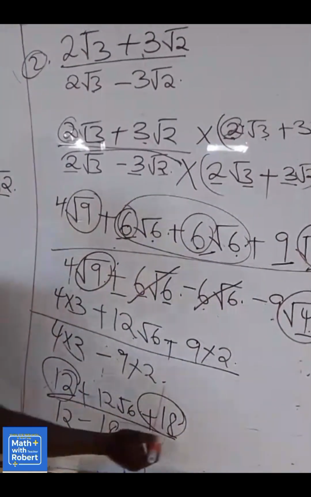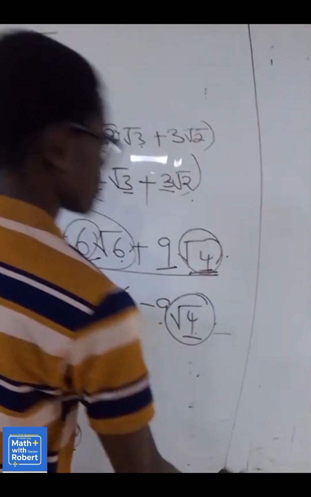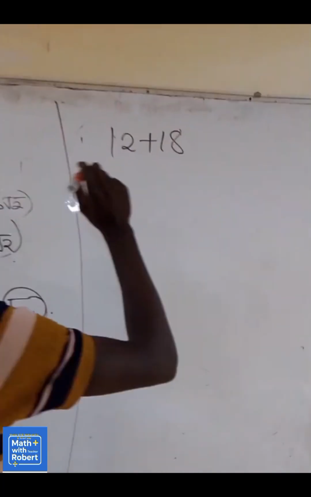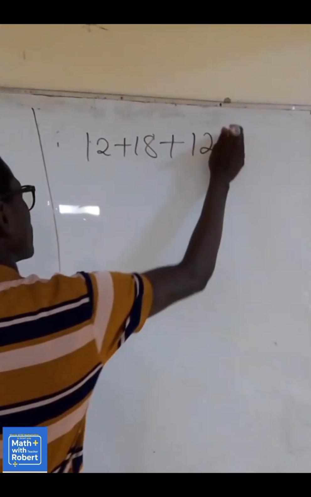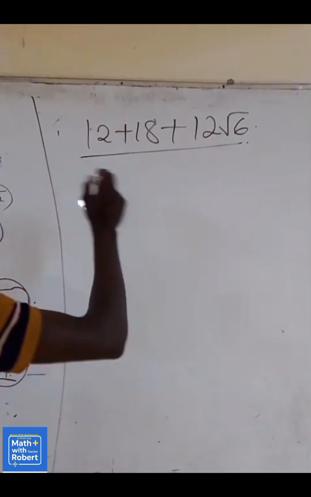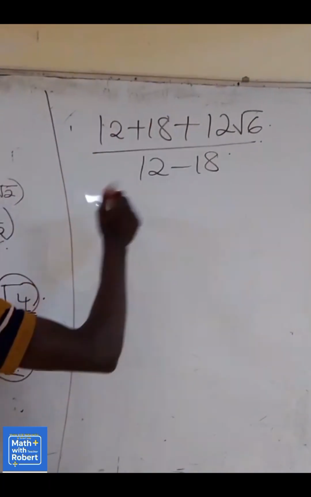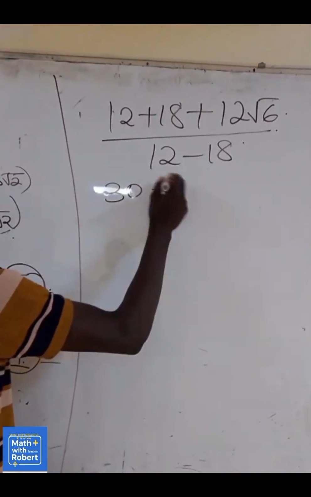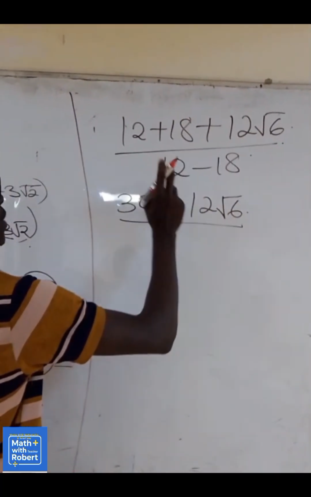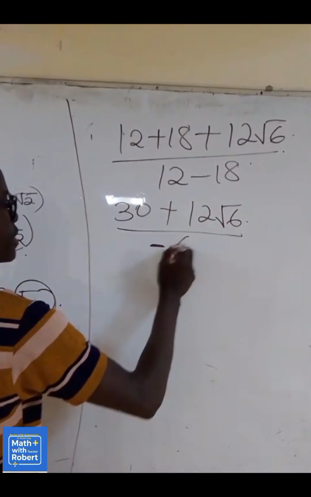So it is 12 plus 18, plus 12 surd 6, over 12 minus 18. So 12 plus 18, that is 30. 30 plus 12 surd 6 over 12 minus 18, that is negative 6.